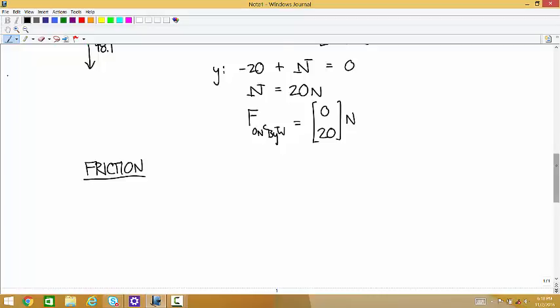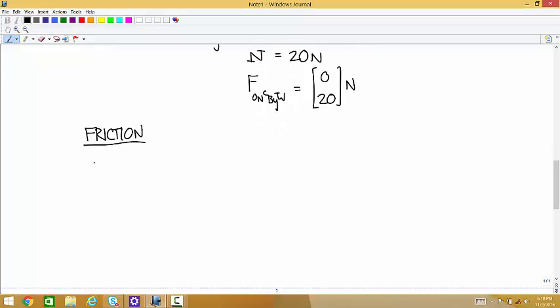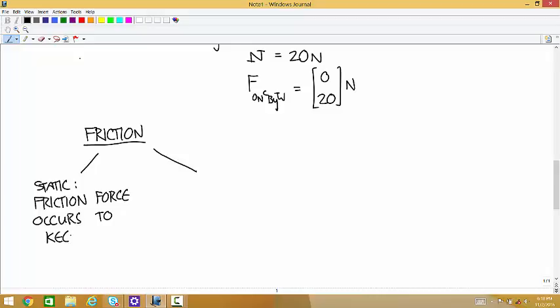And friction you can break up into two different pieces. The first one is static friction. And that's the friction force that occurs to keep an object at rest.